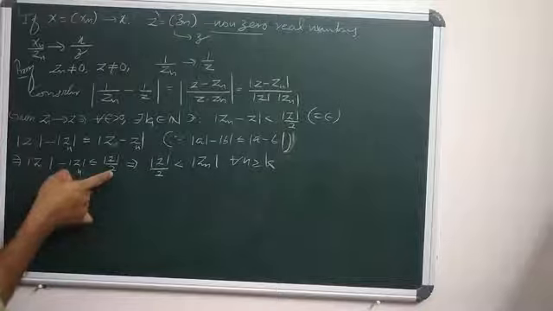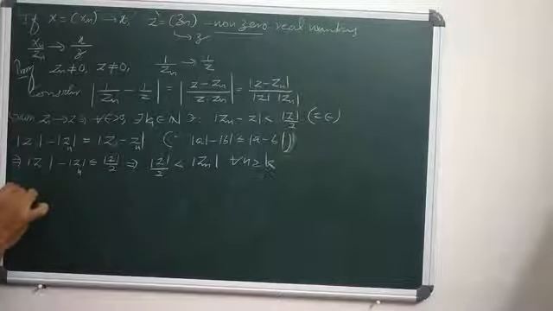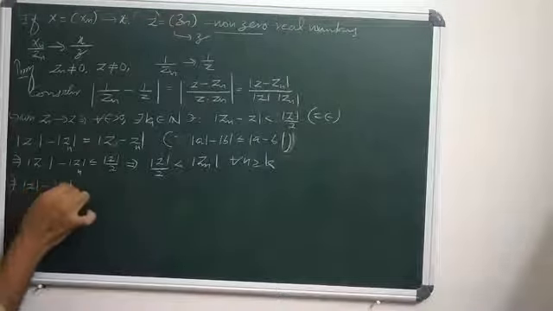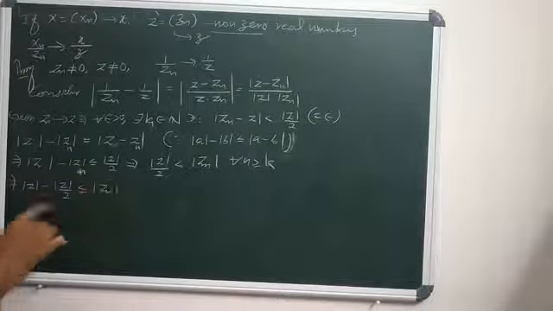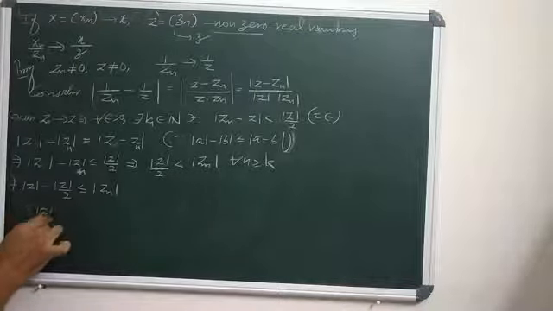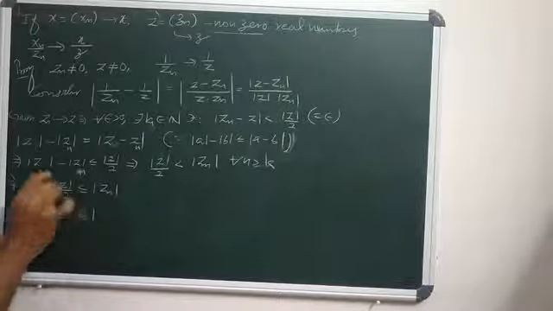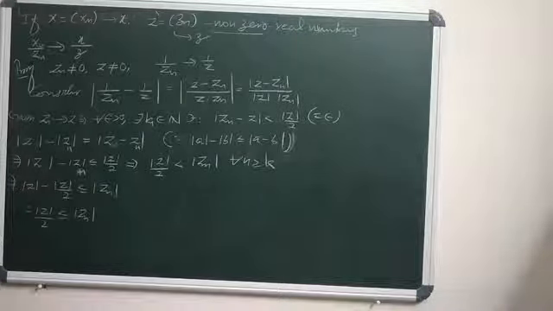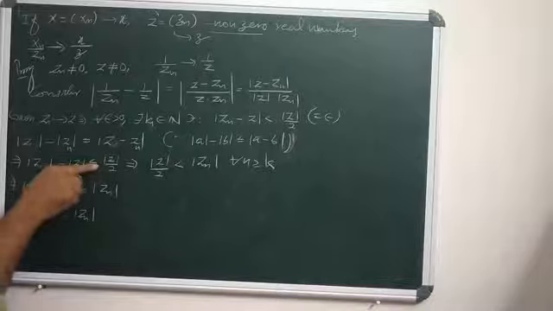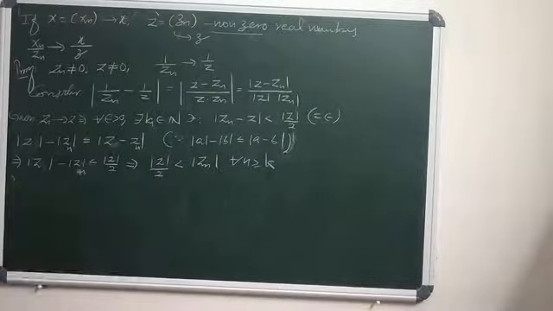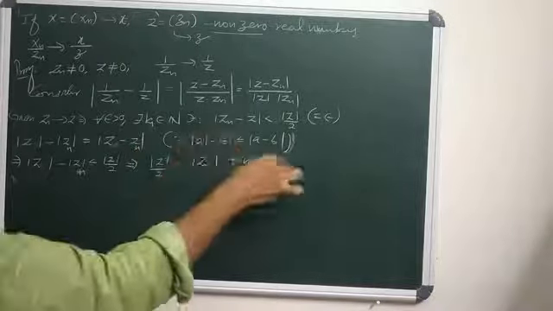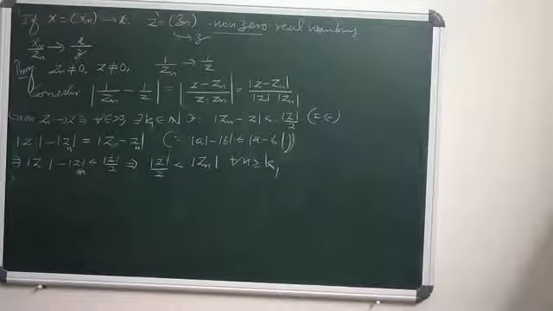Because if you bring this mod z by 2 here, mod z minus mod z by 2 is less than mod zn, which gives mod z by 2 less than mod zn. Here we choose k1 for all n greater than or equal to k1.